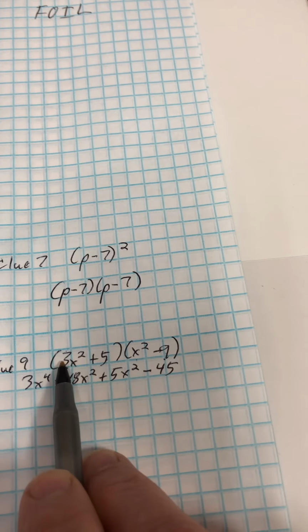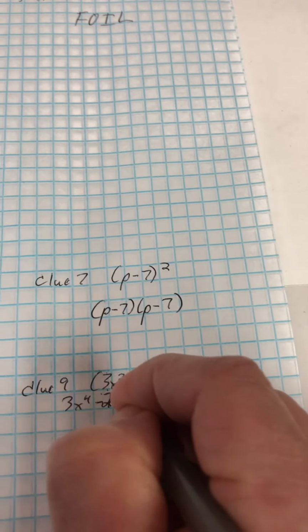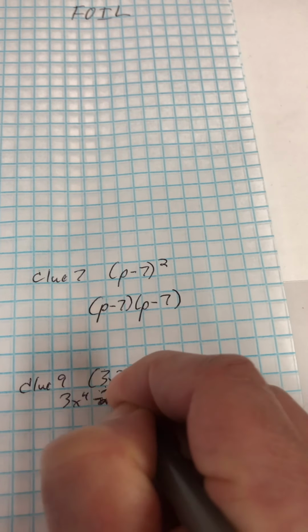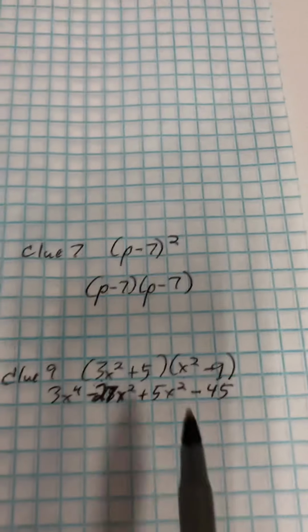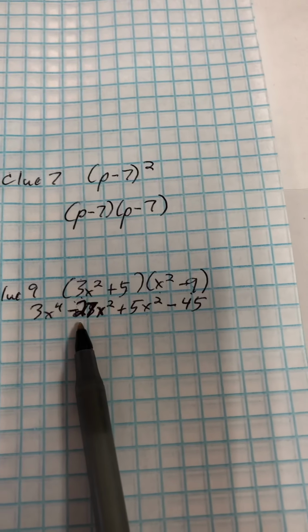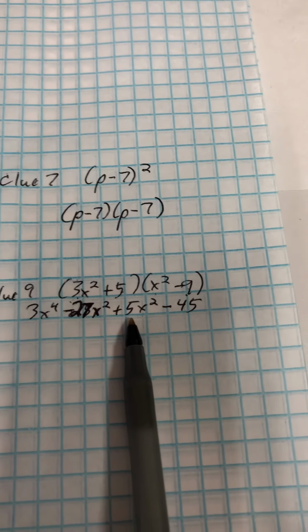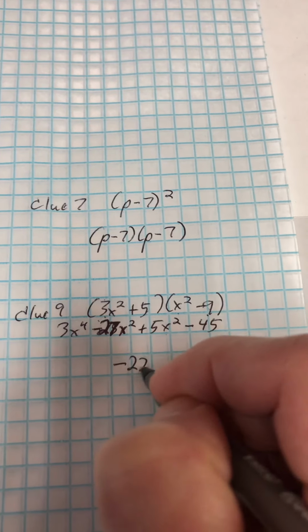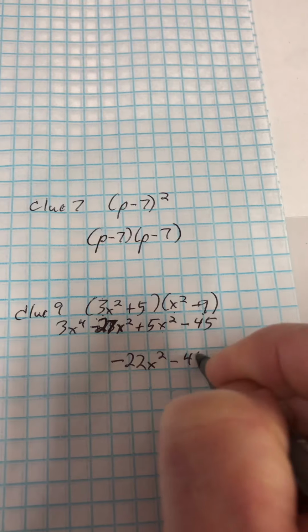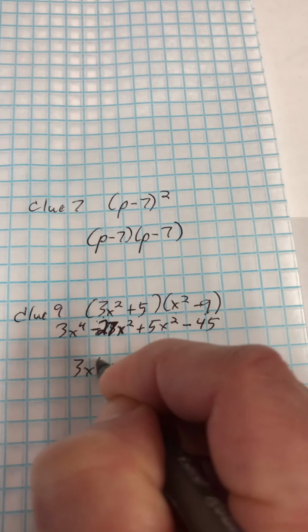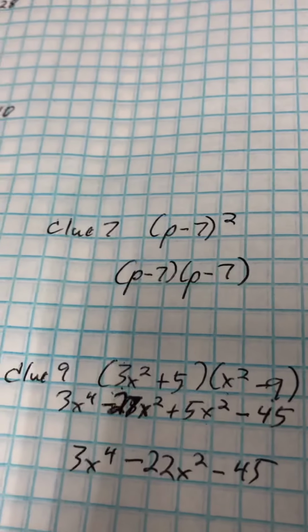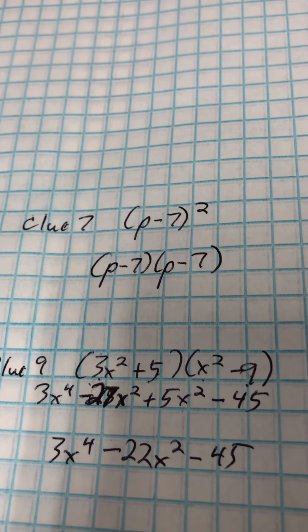Oh, I'm sorry, 9 times 3 is 27. That's a mistake. Hopefully you stuck with me there. That's a negative 27. Adding 5 to that, you should have negative 22x squared, negative 45 stays the same, and 3x to the 4th. Don't let those other exponents bother you.